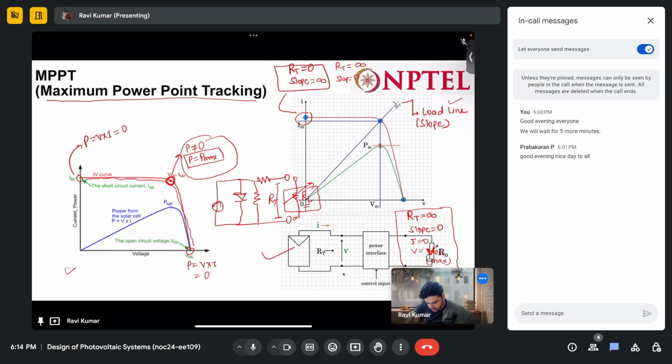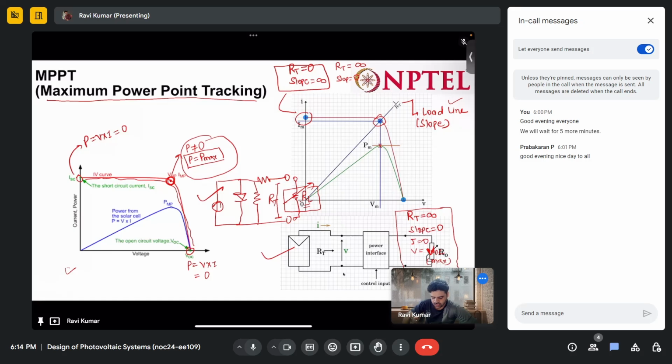This is the same circuit which I was talking about here. So what do we do to obtain this particular point using this load line? Because our load connected to a solar PV system is constant, it means the resistance is already defined.